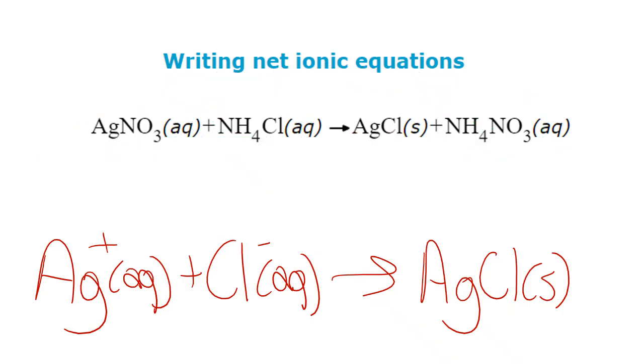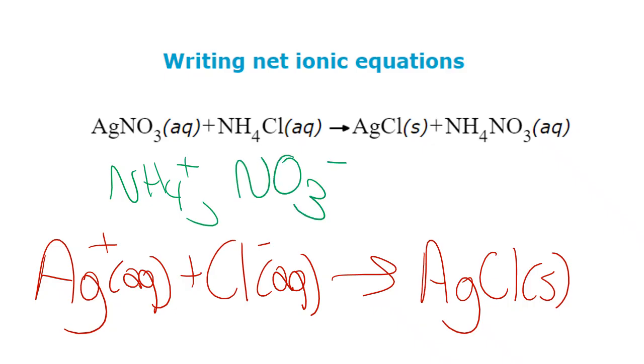And so the spectator ions are NH4+ and NO3-. If you write NH4NO3, that would be wrong. You have to write the ions because they're not bonded together.